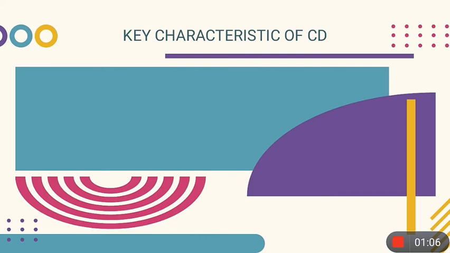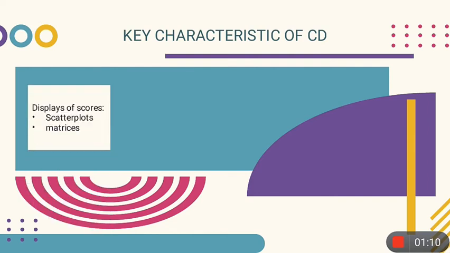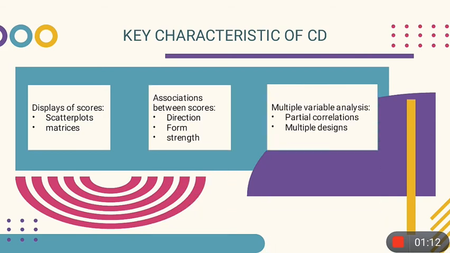Next is key characteristic of correlational design. There are 3 characteristics of correlational design. The first is display of scores. Display of scores is composed of 2 points, scatter plots and matrix. In scatter plots, researchers plot scores for 2 variables on a graph to provide a visual picture of the form of the scores.